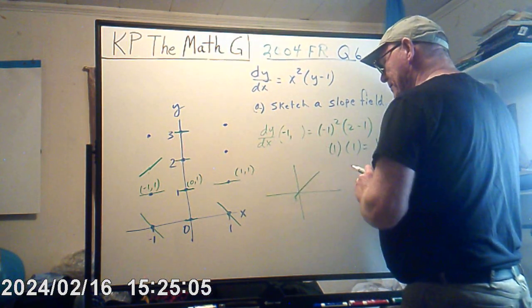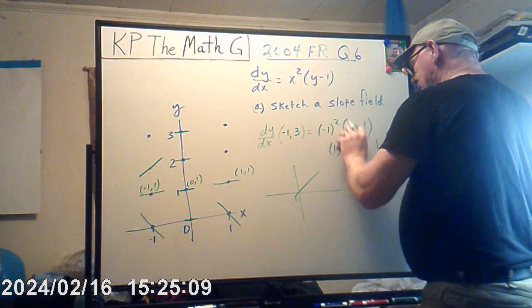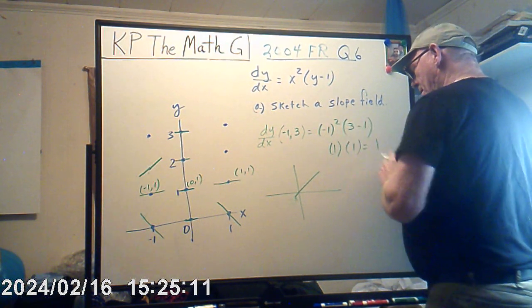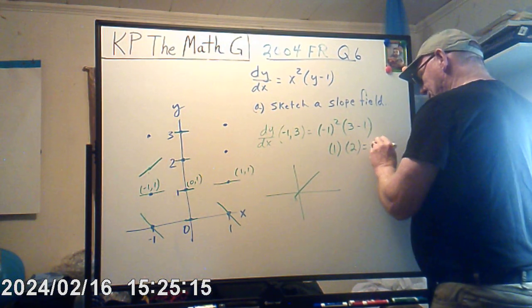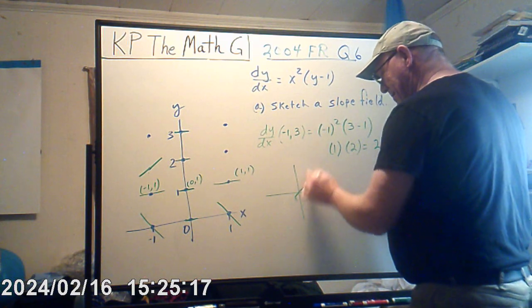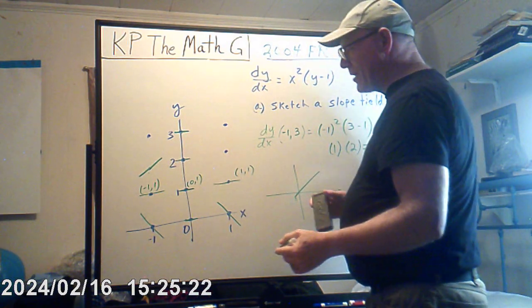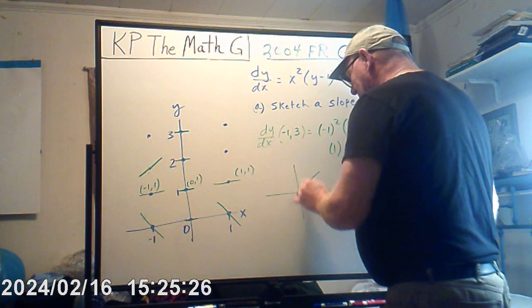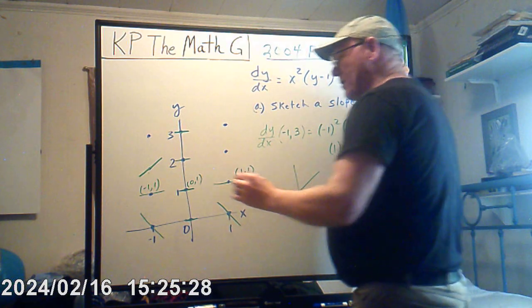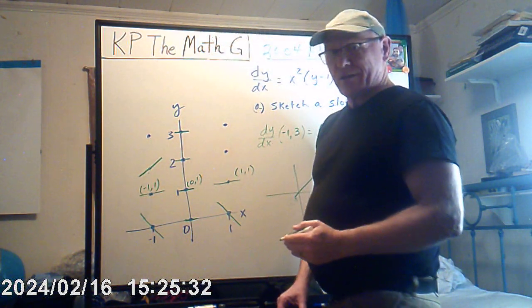And then of course, let's plug in negative 1, 3. Then this is going to be 2, and 2 times 1 is 2. Now again, that's twice as much, so as long as you make it a little bit steeper, it's okay.